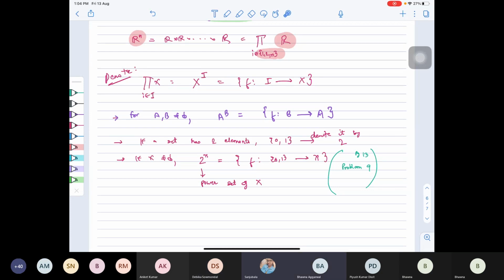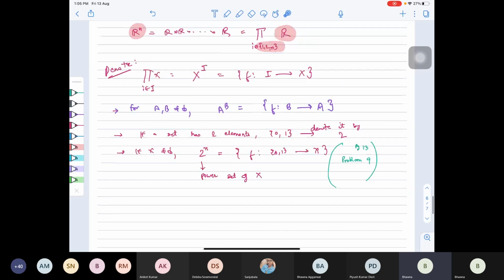Ma'am, while defining 2 here, raised to power X. I think there is some problem. Okay, I'll check the book again.